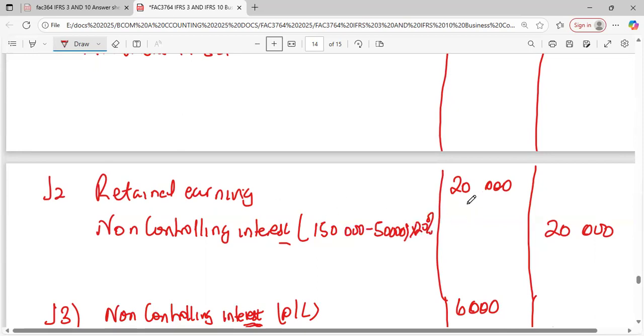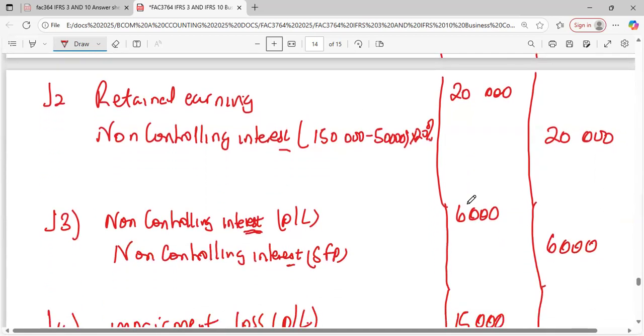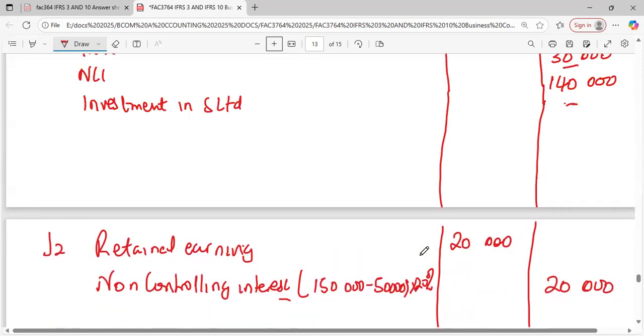It must give us this amount if it is correct. The same applies to here. You can do your calculation here as well if you want. It's 30,000. That's the profit. So you can just come here and say 30,000 is the profit for the year times 20%. That's the non-controlling interest. It must give us that 6,000. You can calculate it inside there.